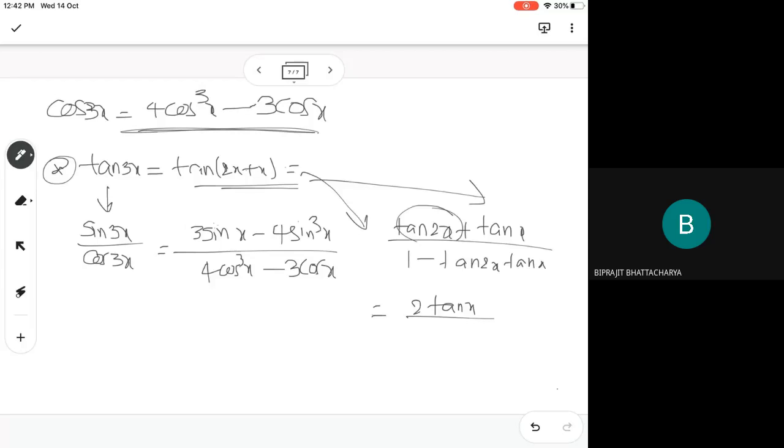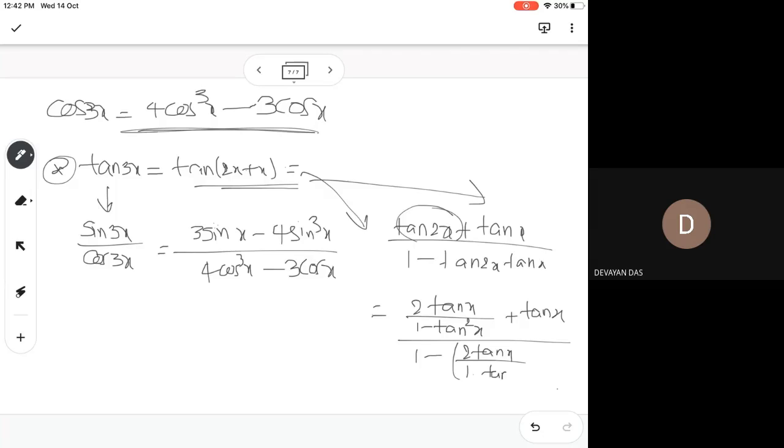Tan 2x formula. 2 tan x by 1 minus tan square x, plus tan x by 1, and here also 2 tan x by 1 minus tan square x.